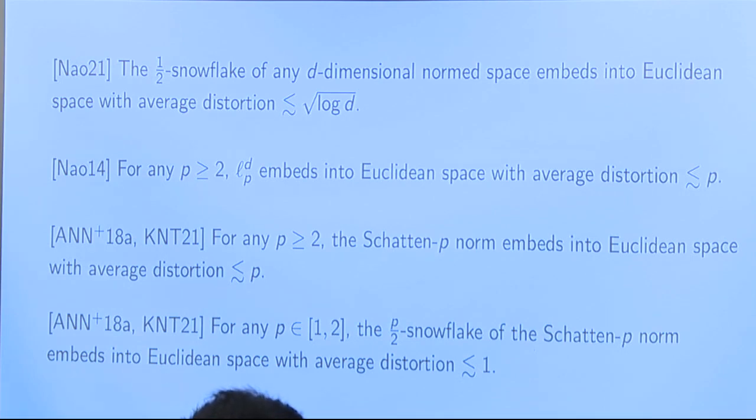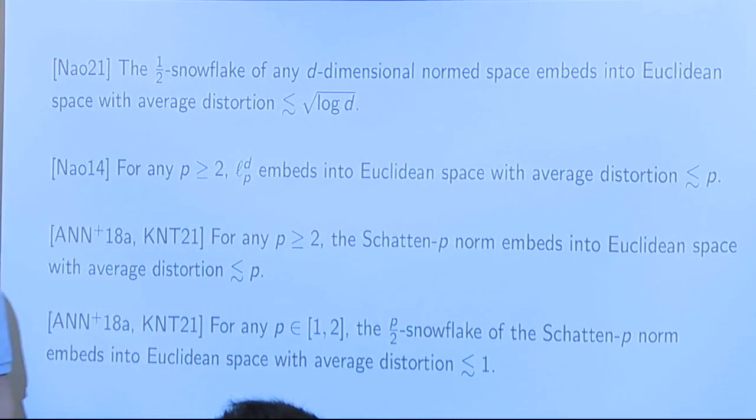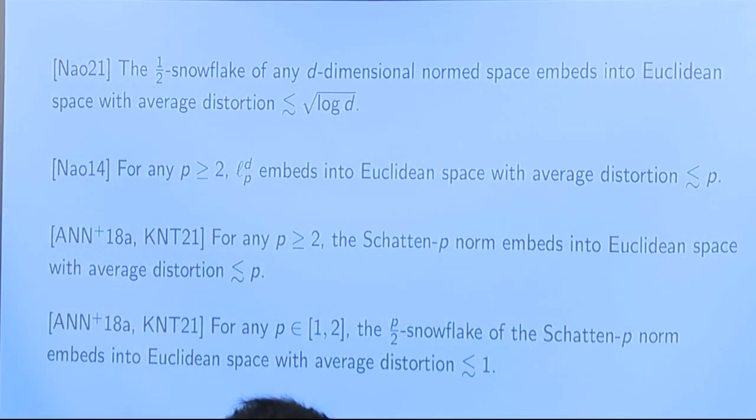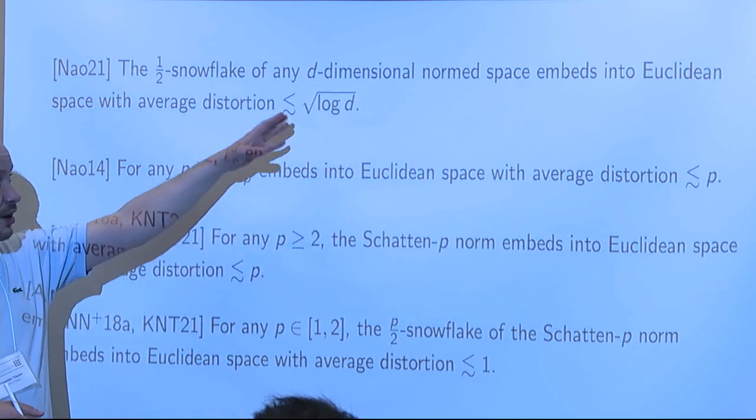Good, so I'll start with a result that I find very surprising. This is due to Naor. It says that the half snowflake of any d-dimensional normed space embeds into Euclidean space with logarithmic average distortion, square root of log d. Contrast that with John's theorem, right? John's theorem says that for a bi-Lipschitz embedding, you can achieve square root of d.